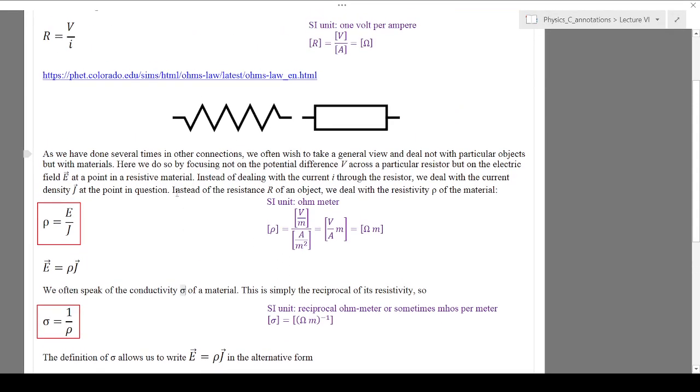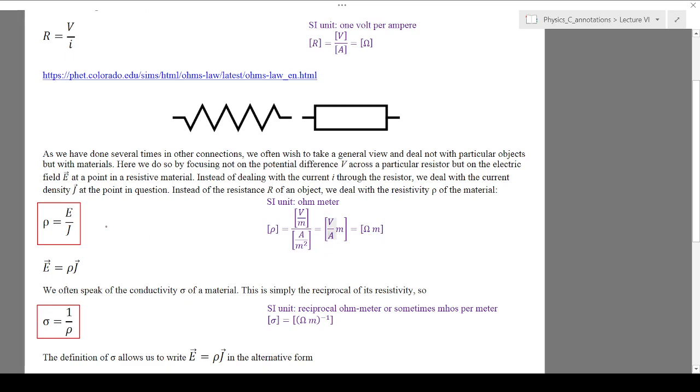Okay, the resistivity, guys. If we define the resistivity as the electric field divided by the current density, the electric field has units of volts per meter, and the current density is amperes per square meter. If we solve this, we find volt over ampere times meter, and volt over ampere is ohm.